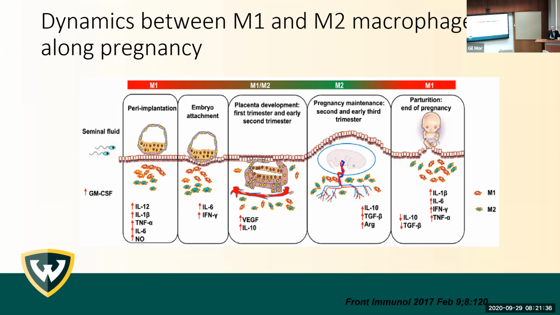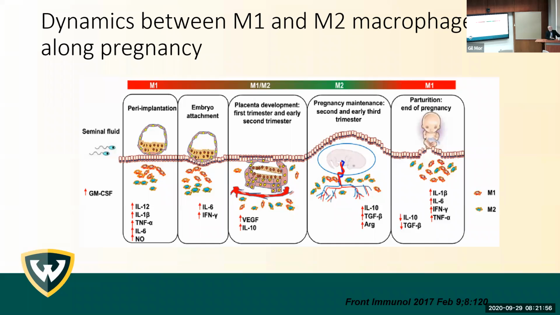And here comes the question: are the macrophages responsible for the changes, or are the changes inducing the switch or the polarization of macrophages from the M1 to M2? And they will remain as M2 for the rest of the pregnancy until the end.